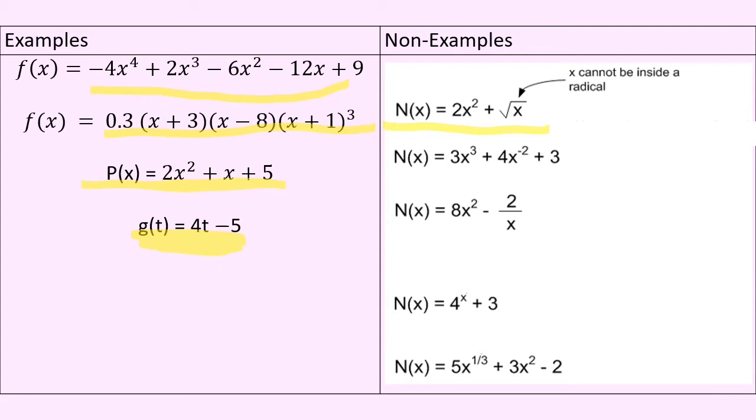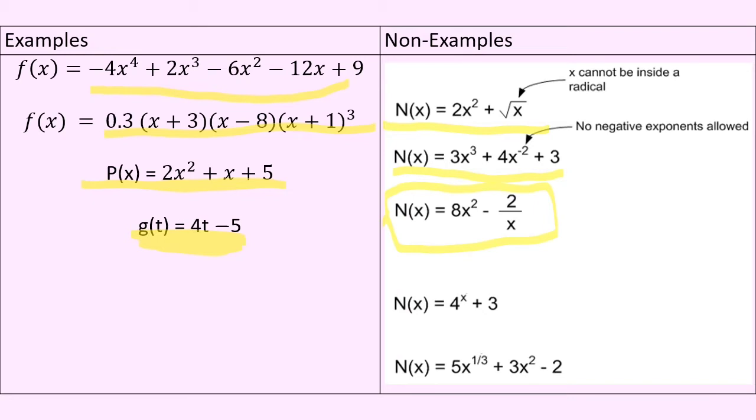For the second one, what can you spot here that makes this not a polynomial? If you said it's the negative in the exponent, then you are correct. No negative exponents allowed. Can you spot what's wrong with this one? Well, we have an x in the denominator, which is the same thing as having a negative exponent.